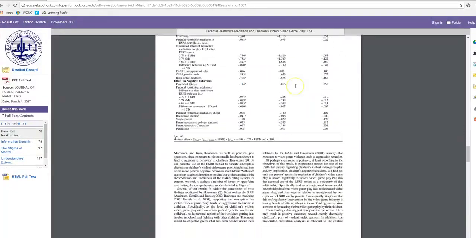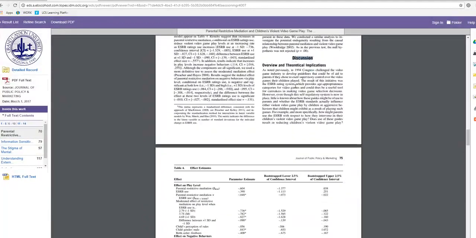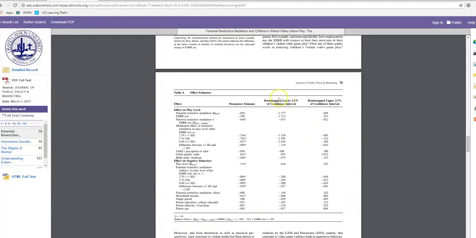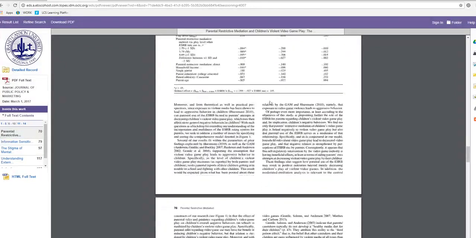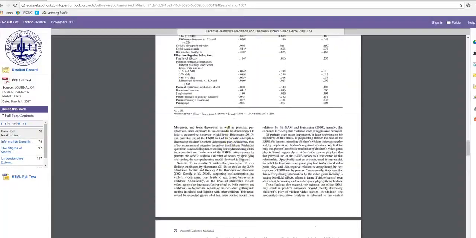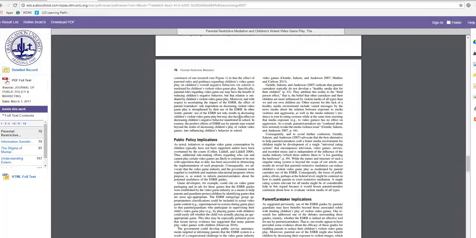As you read a discussion area, this is the area that you're going to take your information from, because this discussion area is telling you what the researchers found. You want to find results. That's what you're trying to do. And as you notice, it's not too long of a discussion. Sometimes it's a little bit longer.